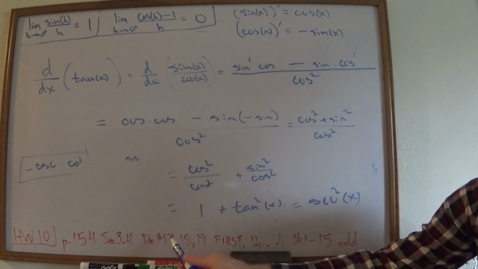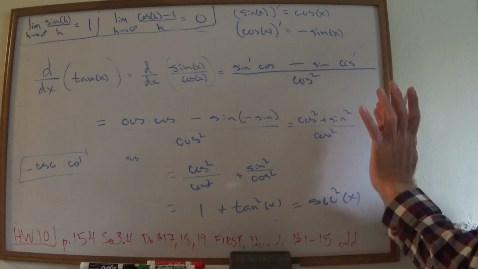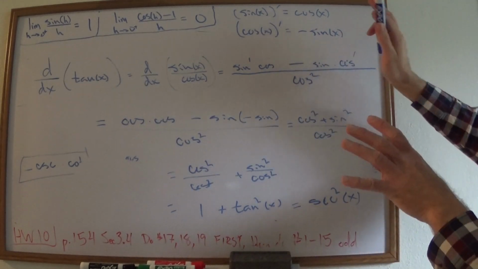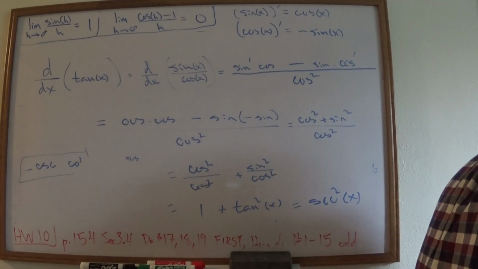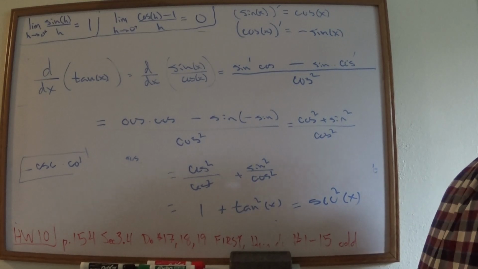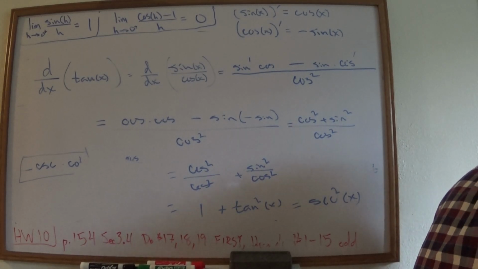So you do 17, 18, and 19 like this, and then the rest of these you just do this. I don't think that there are any that utilize 17, 18, and 19, but there are. 11 will have them, and 7 will have them. You could just use them.